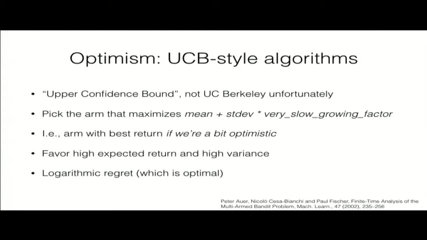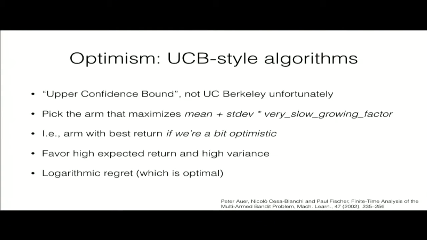For each arm, you've chosen that arm a certain number of times, and you've gotten a certain mean return from that arm. So you'd like to choose the arms that both have high rewards and also have high uncertainty, or the ones that have been chosen fewer times, because those might end up turning out to be good. If you've chosen a given arm many, many times, then you presumably have low uncertainty on its returns.